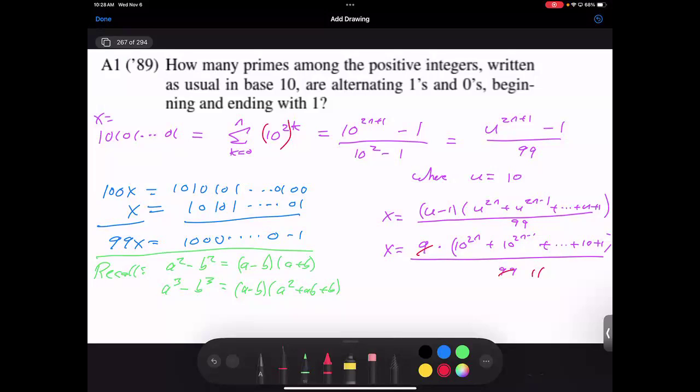This is why it's better always to use like the letter R. I'm really using R equals 10 squared. Or I guess you were using u. And so it should be u to the n plus 1, right?